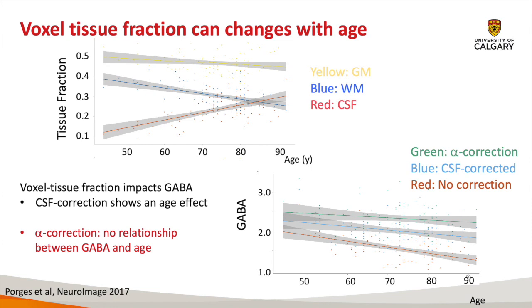Then we looked at doing a CSF correction, and we still see a significant age effect. However, when we performed the alpha correction, we removed that age effect. There is no relationship between GABA and age when you perform the alpha correction, that is, when you account for this difference in concentration between white matter and gray matter.